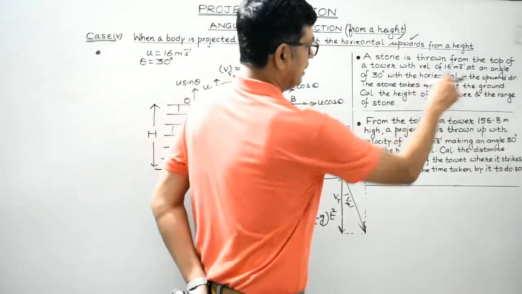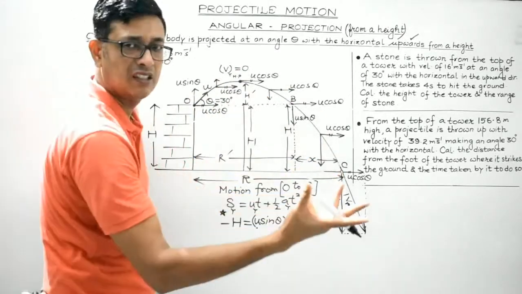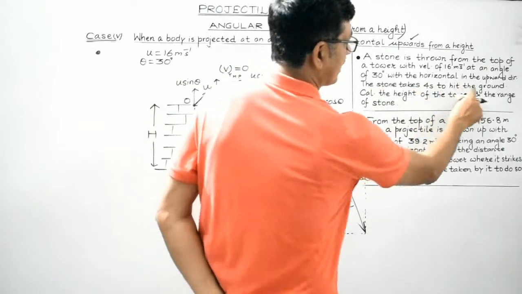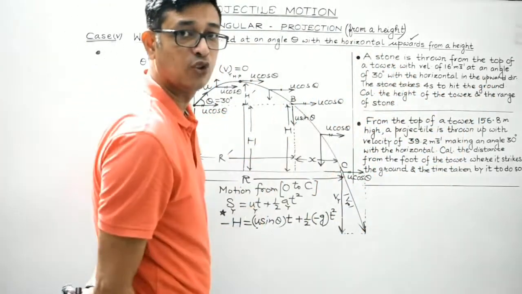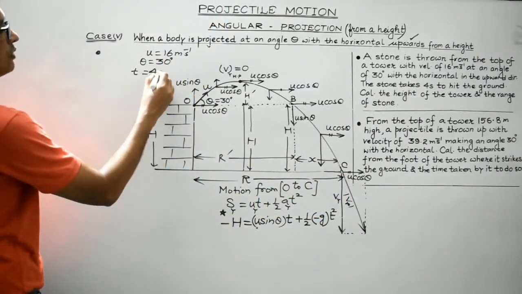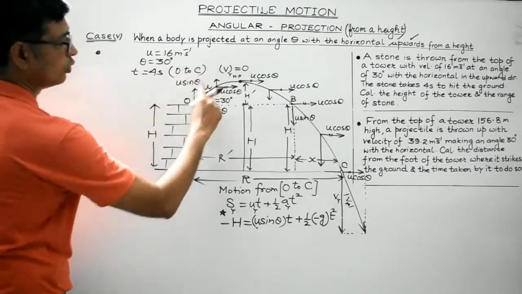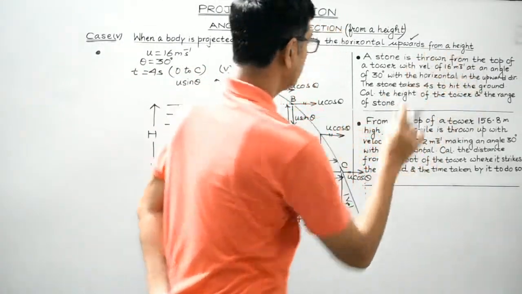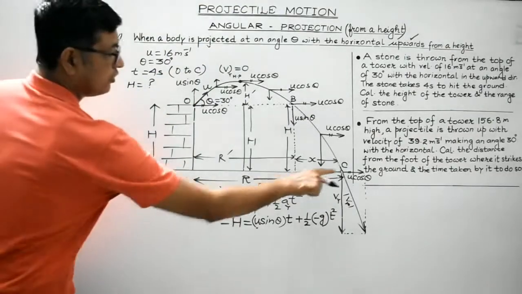It's projected in the upward direction, so it will follow a path like this. The nature of the trajectory would obviously be parabolic. The stone takes 4 seconds to hit the ground. So from point O to point C, the stone is taking 4 seconds. It will be the total time of flight. Let us consider this to be t only. So it is 4 seconds from O to C. Calculate the height of the tower. So we are supposed to find out the height of the tower and the range.